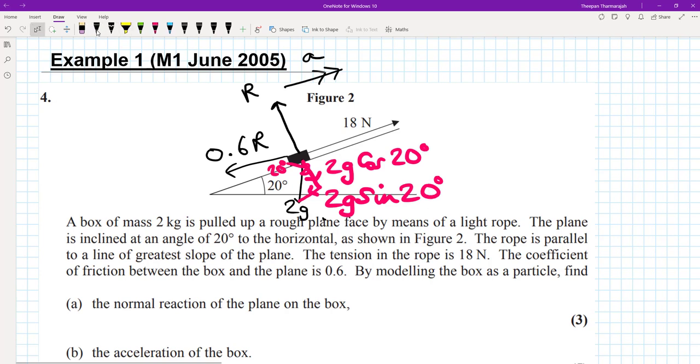So we're going to say resolving perpendicular to the plane.